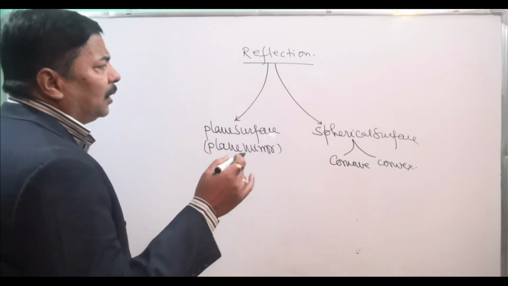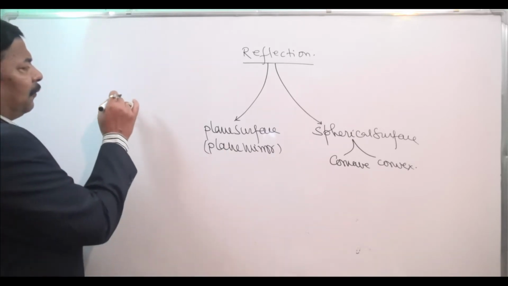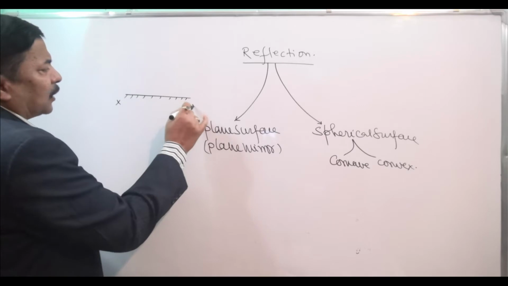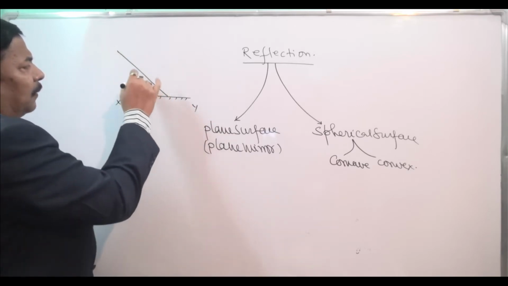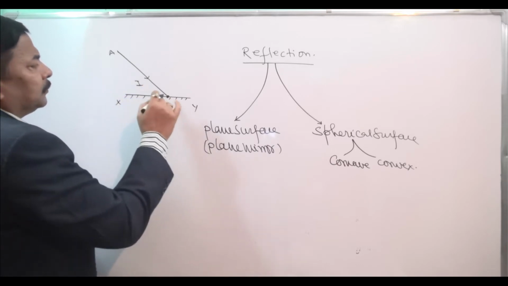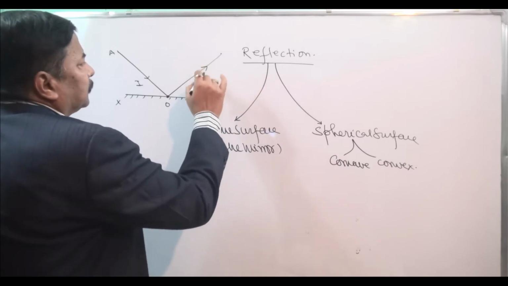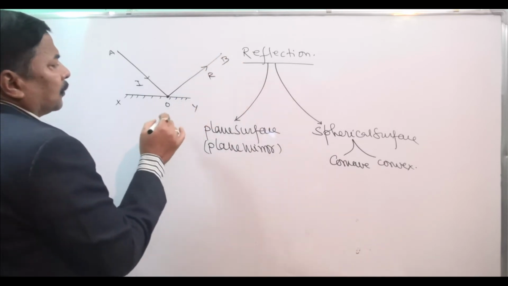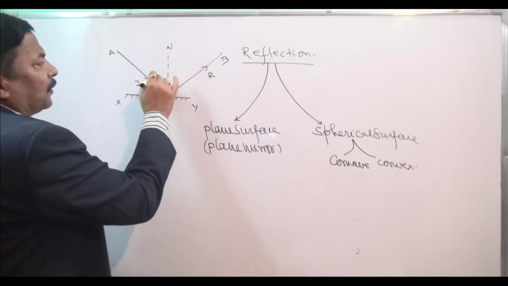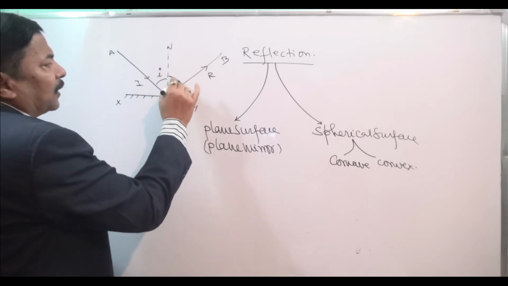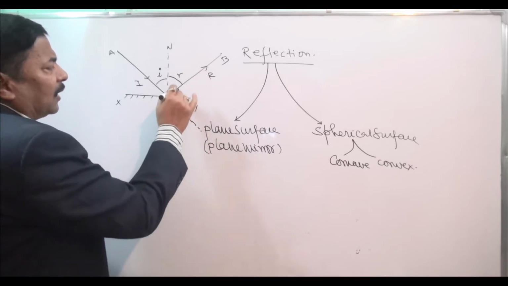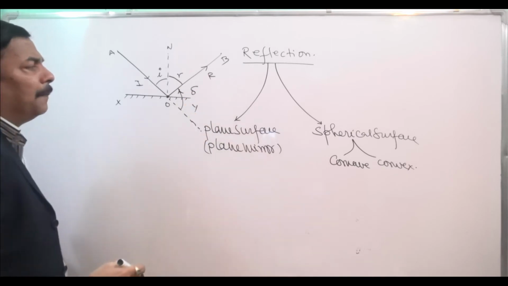Now in general you should understand that if the plane mirror is here, which I consider as XY, and this is the incident ray AO. O is the point of incidence, and this is the reflected ray OB, and here I am taking the normal, and this is the angle of incidence I, this is the angle of reflection R, and in this direction if we move, then this angle tells about the angle of deviation delta.